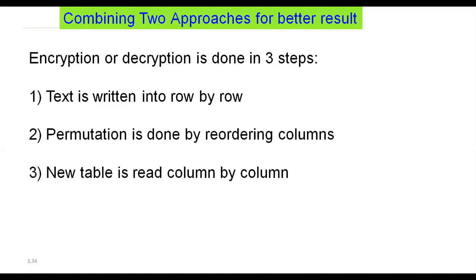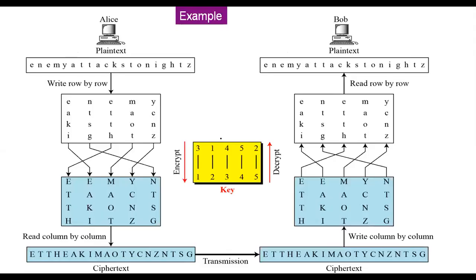In the third step, the new table is read column by column. So there are 3 steps. Write the entire text row by row, then reorder the columns in that table, then read that table column by column. This is the example.